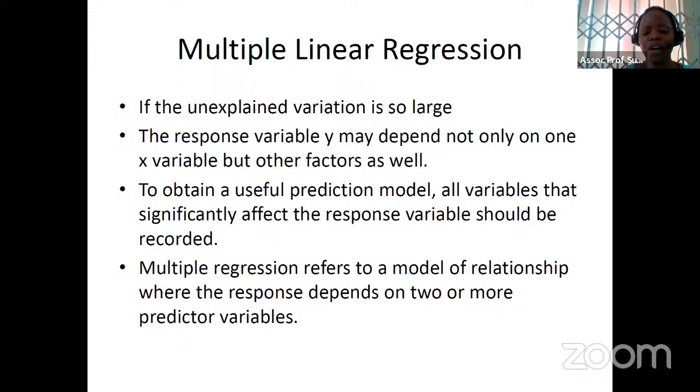So that means that you have to include more than one independent variable. So a regression model where we have one response and two or more predictors is called multiple regression.